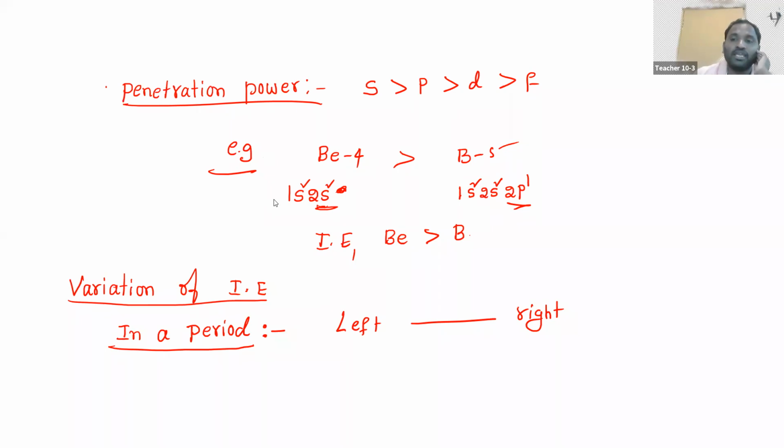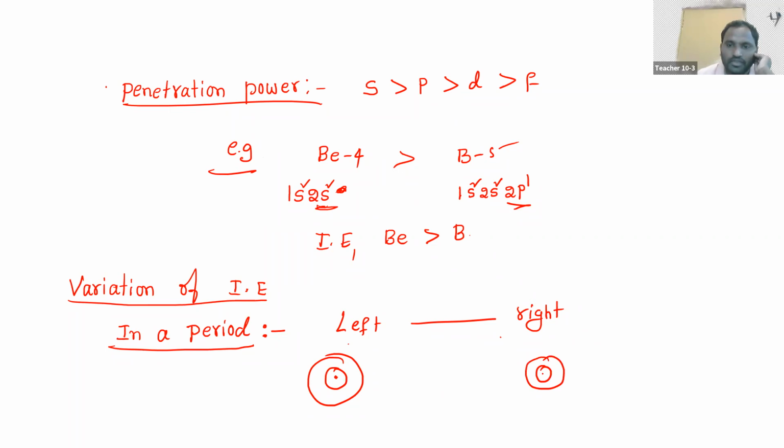I gave the factors affecting ionization energy in the last class. Correct answer. See, students, from left to right, atomic radius decreases.